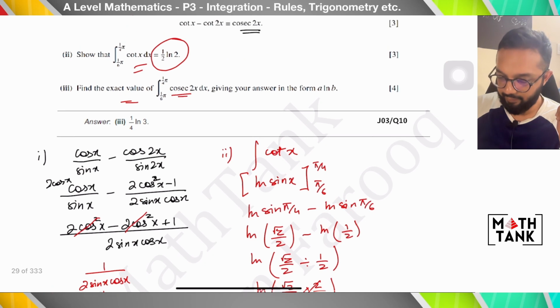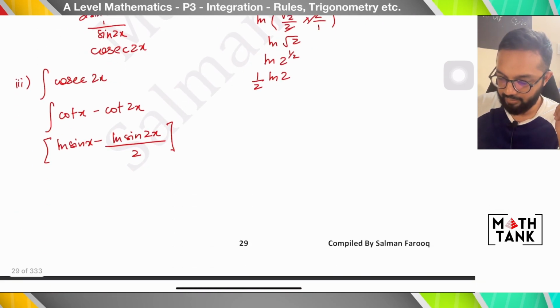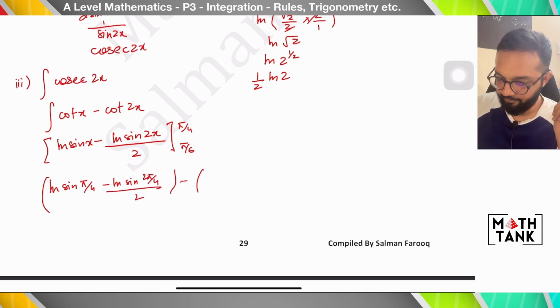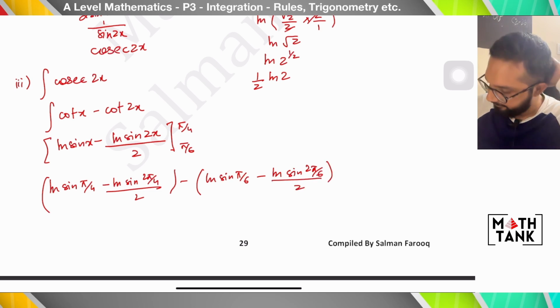The limits are from, again, pi over 6 to pi over 4. Okay, so ln sin pi over 4 minus ln sin 2 pi over 4 over 2, ln sin pi over 6 minus ln sin 2 pi over 6 over 2.